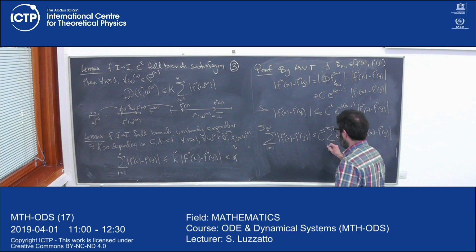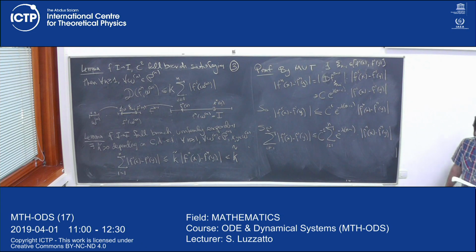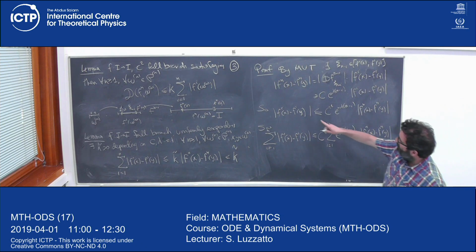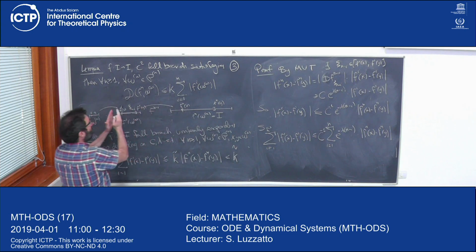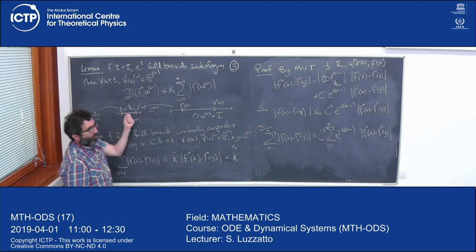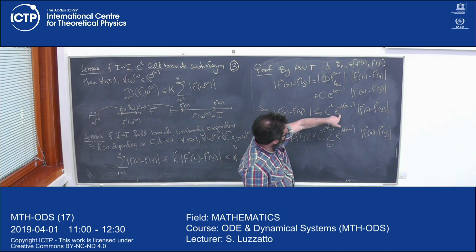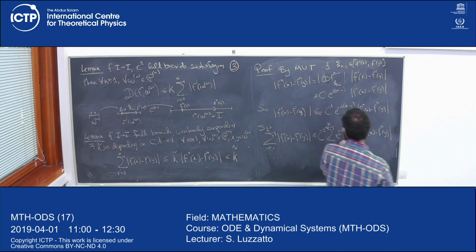So this is i equals 1 to n. Okay, so I've just plugged in. This is for each individual intermediate iterate. I have this condition that tells me that this is exponentially small in n minus i.